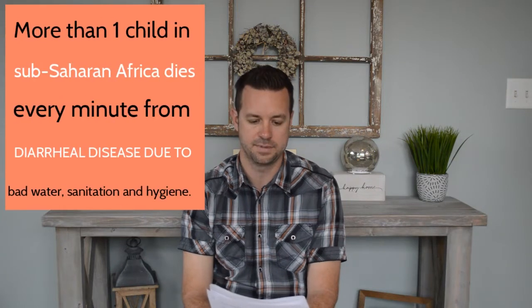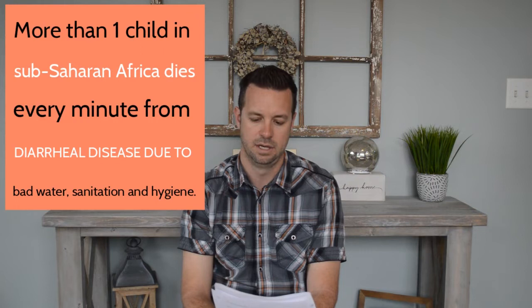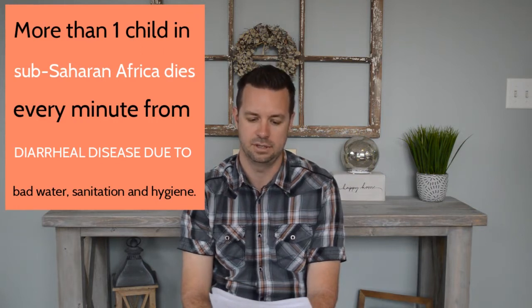And this is the most startling fact, and the one that breaks your heart the most. More than 1 child in Sub-Saharan Africa dies every minute from diarrheal disease, a direct result of inadequate water supply, sanitation, and hygiene.